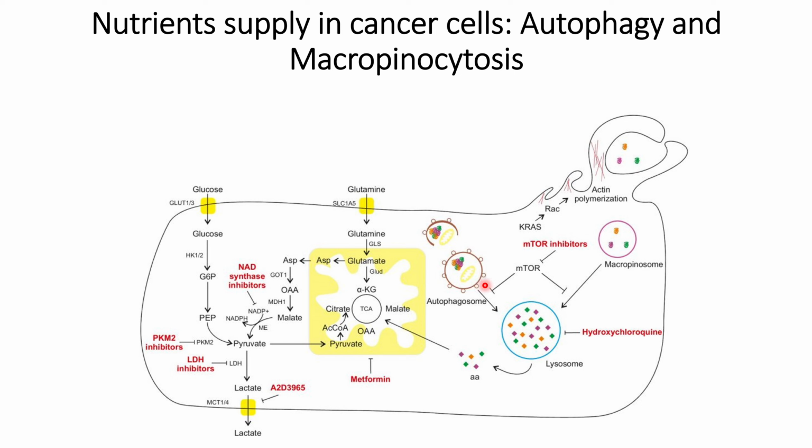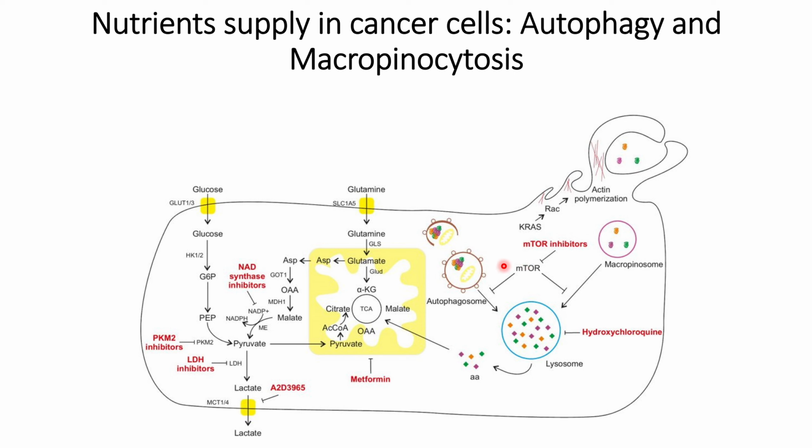Thus the recycled amino acids will not be diverted towards the normal survival of the cells, but rather towards the uncontrolled growth rate and proliferation of the cells. So this is the mTOR function in the case of autophagy or macropinocytosis, or we can understand it as nutrient deprivation or nutrient excess within the cells.